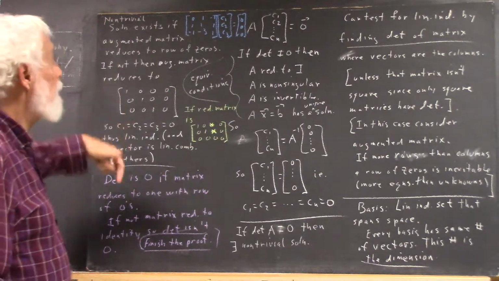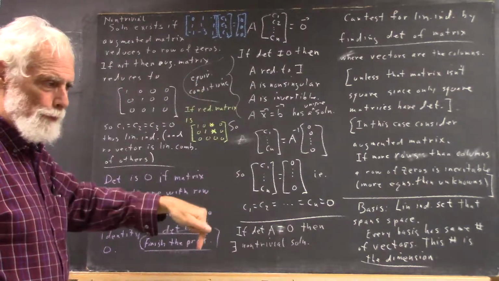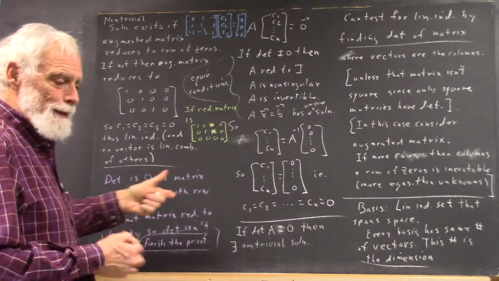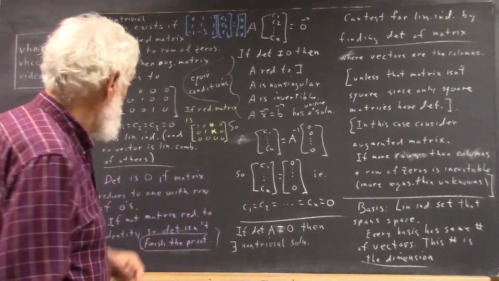You can't combine the rows in such a way that you get anything but zeros in the fourth column, where the fourth column is all zeros.